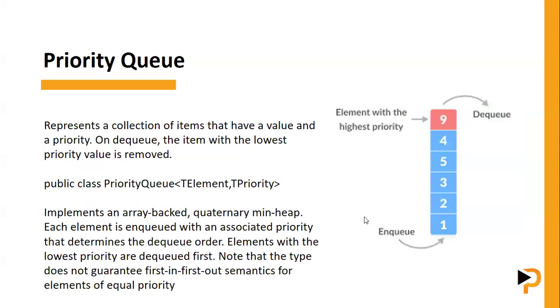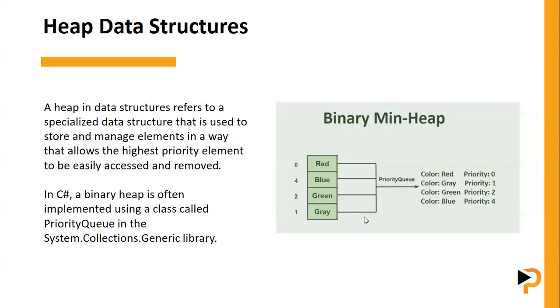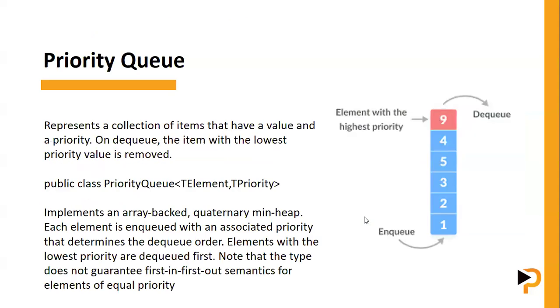Let's go ahead with the priority queue, because the implementation in ASP.NET is by means of a priority queue. A priority queue represents a collection of items that have a value and a priority. On dequeue, the item with the lowest priority is removed.